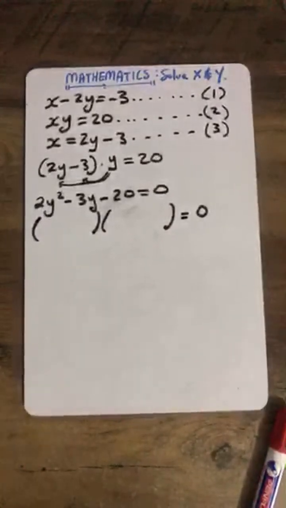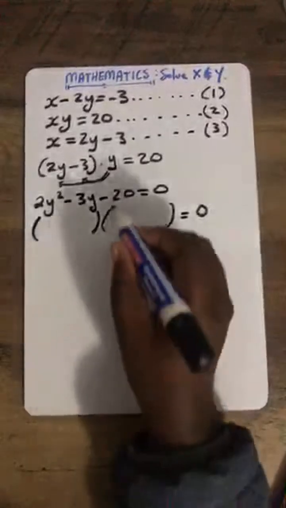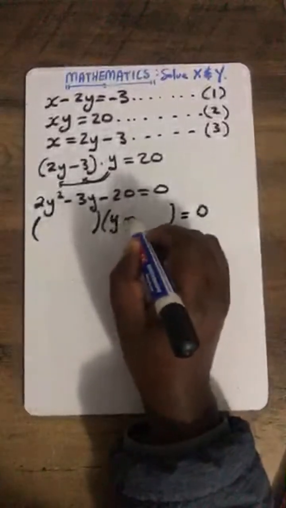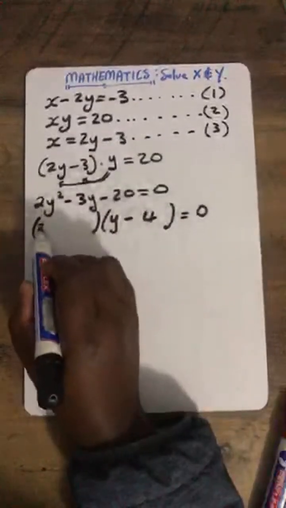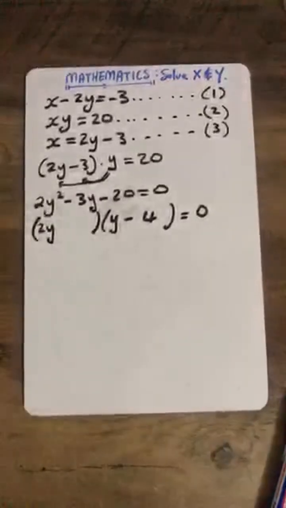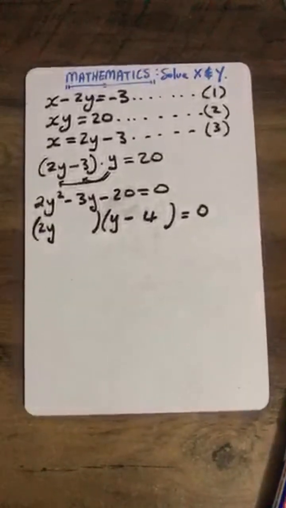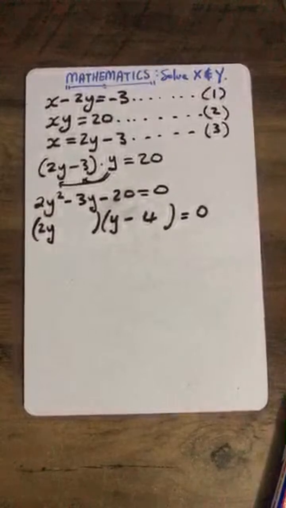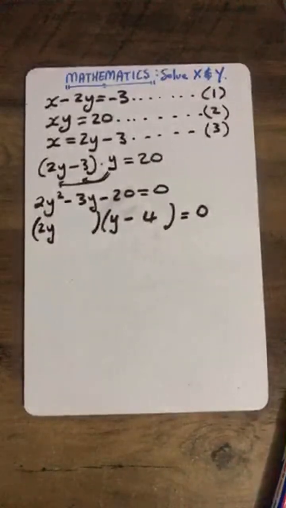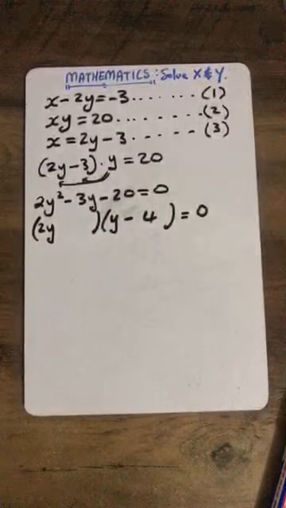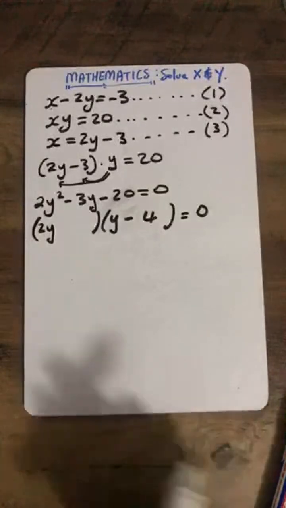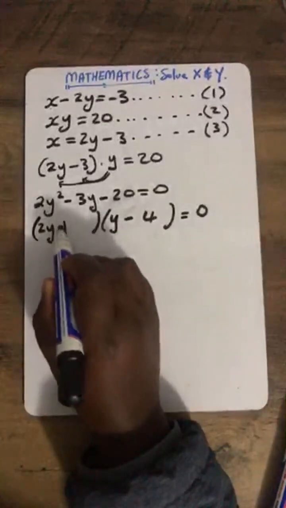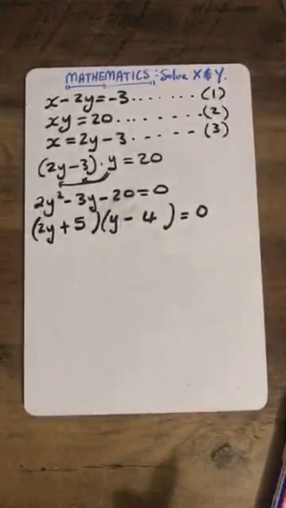Okay, according to my young sisters, we are going to have y minus 4 there, and then here we're going to have 2y and then we are going to have positive 5 there.